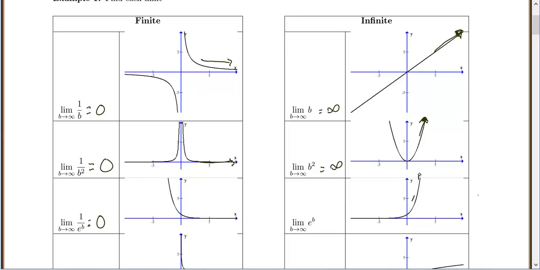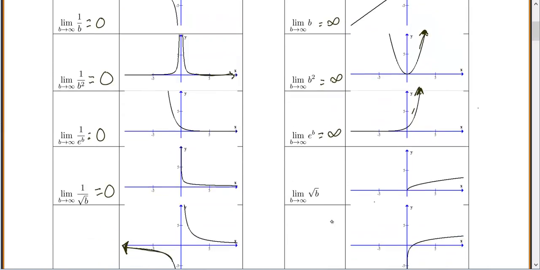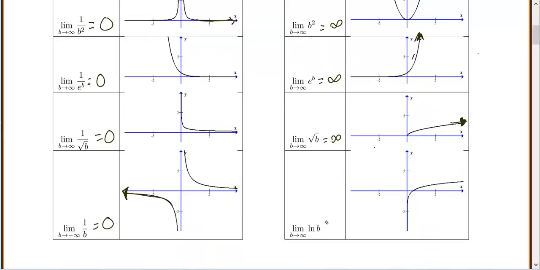Or e to the power of b, once again, it just keeps going up and up and up, so we're just going to go towards infinity. Square root of b, the numbers don't get as big as fast, but eventually we still get super big numbers, and our limit is infinity. Or natural log of b, again, we grow a little bit slower, but we're still going to go to infinity eventually.